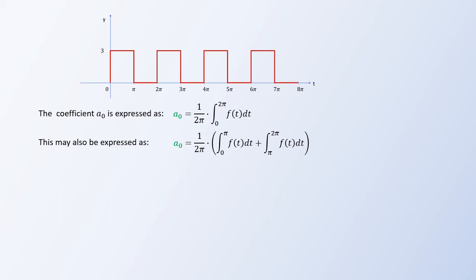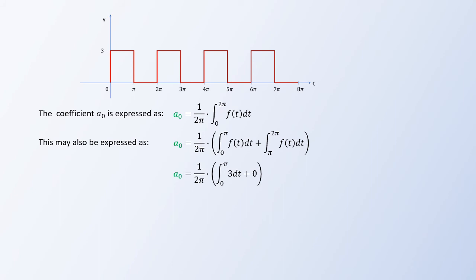So here's where it becomes really, really easy. From 0 to pi, f of t is simply 3. If you notice the square wave, it's a horizontal line from 0 to pi, and the y value is simply 3. So it simply becomes 3 times the integral from 0 to pi of 3 dt.